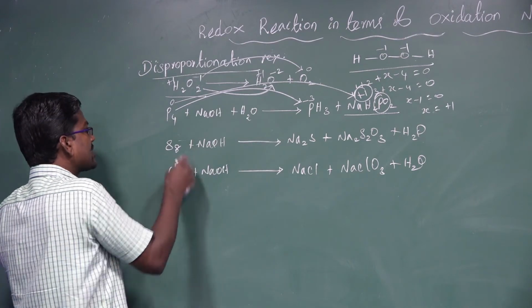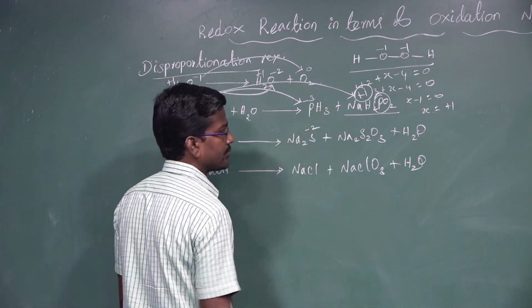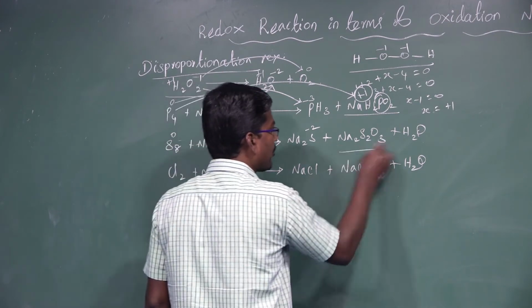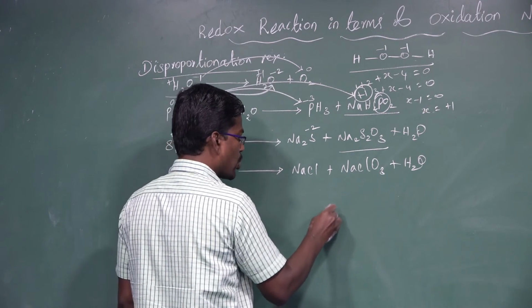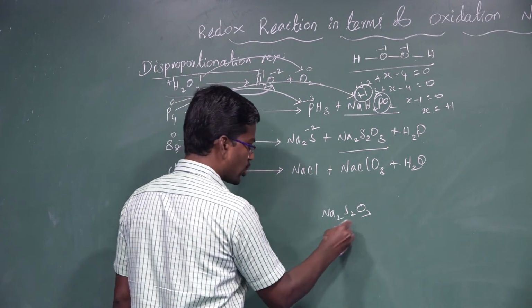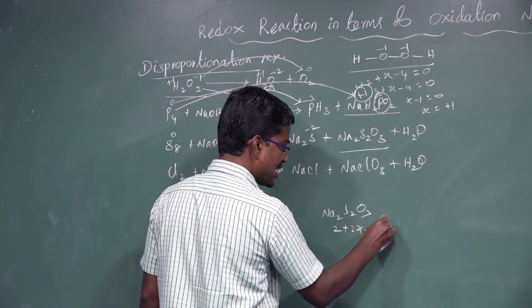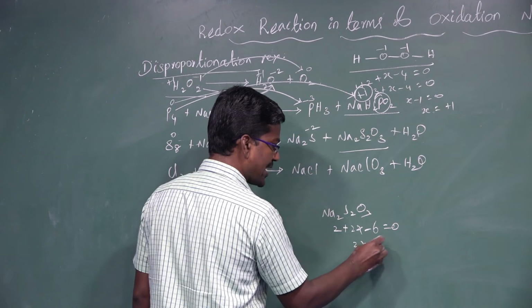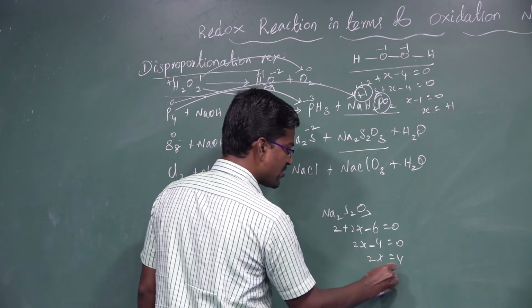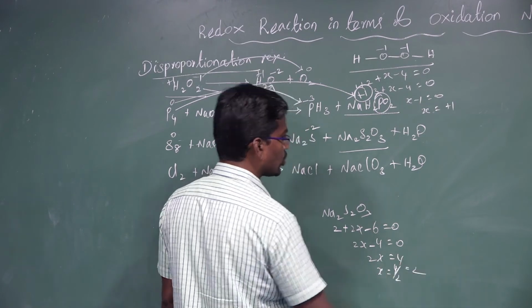Next one. The oxidation number of sulfur is 0. The oxidation state of sulfur in sodium sulfide is minus 2. What is the oxidation state of sulfur in sodium thiosulfate? Let us find out the oxidation number of sulfur in sodium thiosulfate, Na2S2O3. 2 sodiums give plus 2, 2 sulfurs give 2x, 3 oxygens give minus 6, equal to 0. 2x minus 4 equals 0, 2x equals 4, x equals 4 divided by 2, which is equal to 2.